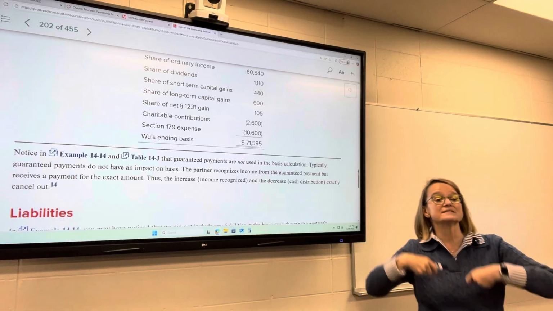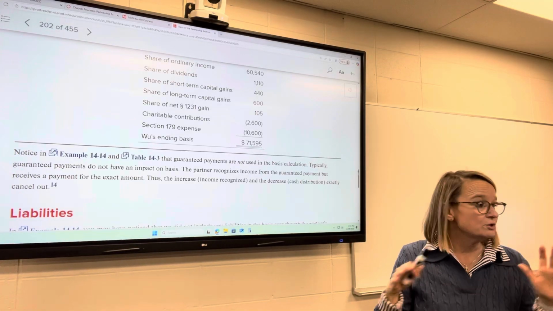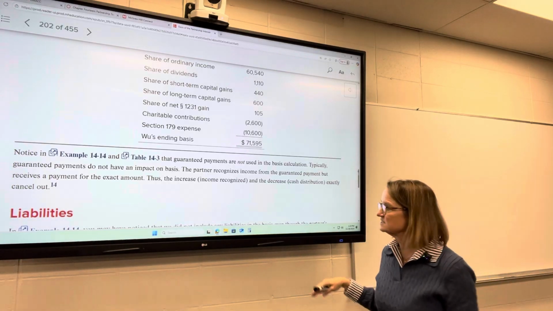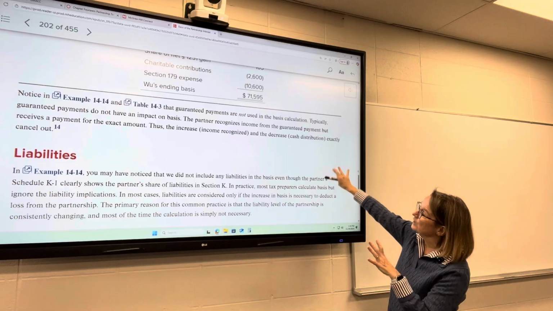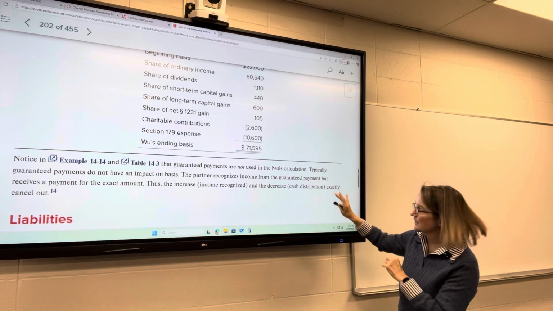So that then increases their basis by the same amount. We just don't worry about it because it's just in and out. It nets to zero. So we're not going to include the guaranteed payments in this calculation.